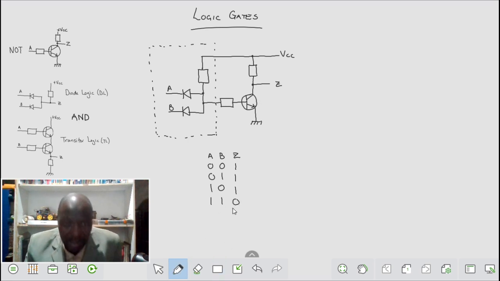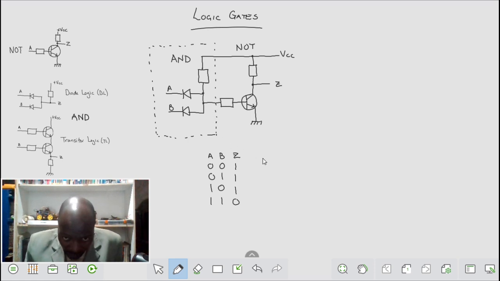So this is our truth table for the NAND gate. What is this here? This is our AND NOT. We're saying invert the output of the AND.